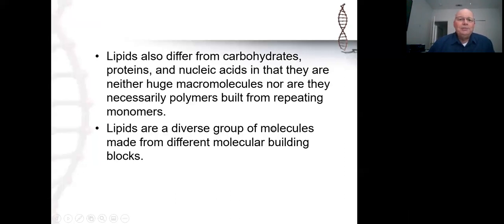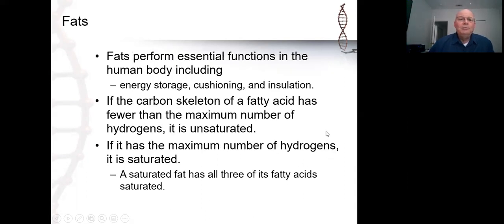When we start thinking in terms of the types of molecules that lipids are formed from, remember they're not polymers. They are not daisy chains of lots of small molecules. They are large molecules because they are formed from molecules that are themselves relatively large, but they're not daisy chained together, as you're about to discover. So a fat found in human bodies is a specialized type of lipid. It is a lipid that contains fatty acids.